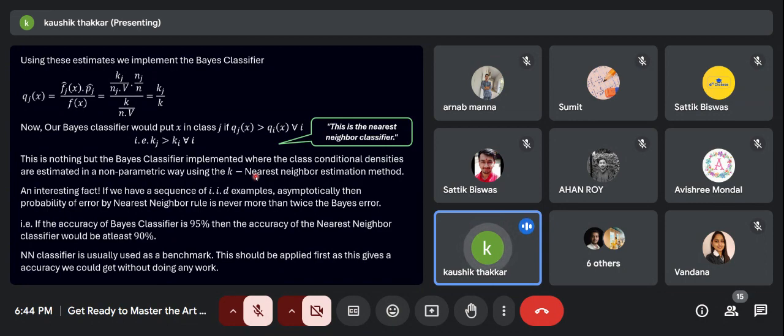This should be applied first, without doing any work, right? This is a very simple algorithm, and you do not need anything very complicated or fancy to implement this. Yes, now one question arises: how do you find the closest point? There needs to be a notion of distance metric that we are using.